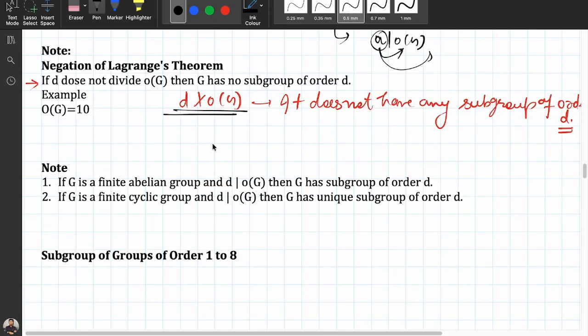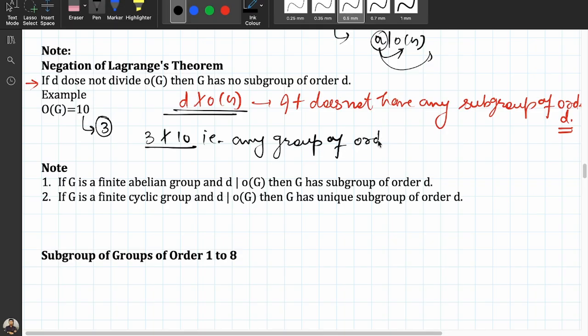For example, simply 3 is not a divisor of 10. 3 does not divide 10. It means that any group of order 10 has no subgroup of order 3. That is the simple meaning.